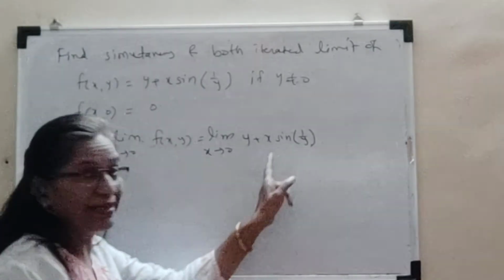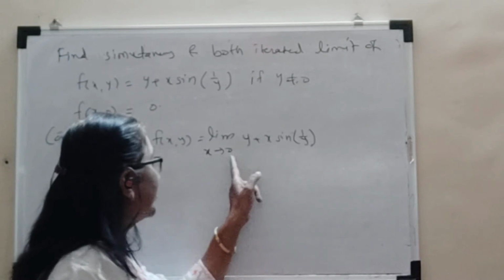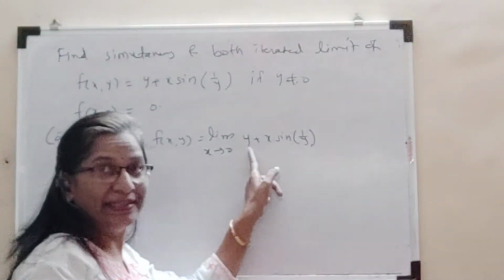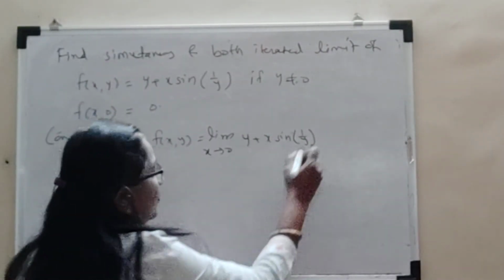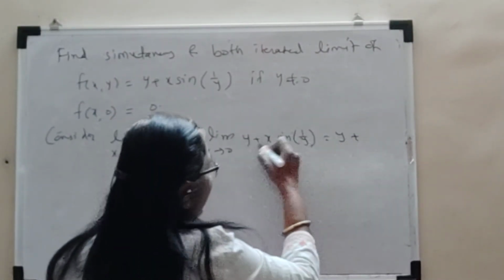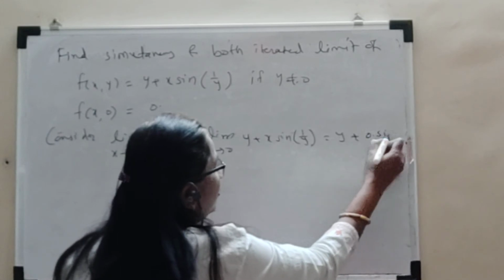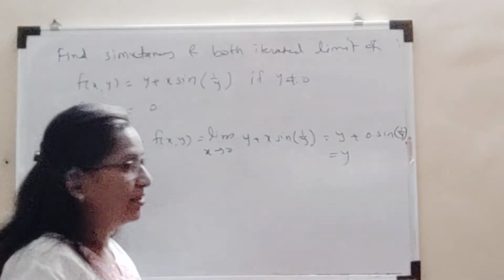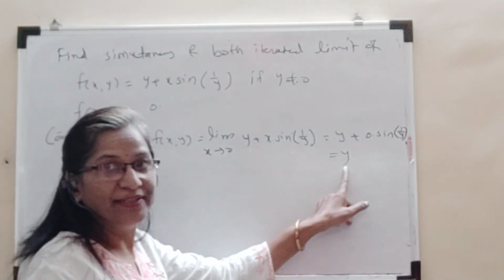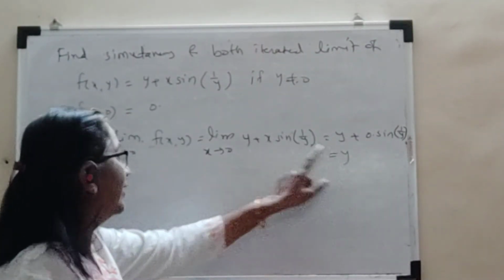Now x and y are independent. So when x tends to 0, as y is independent, we will keep it as it is. So it will be y plus x is 0, so 0 into sine of 1 by y. So that is equal to y. So I am getting this phi of y is equal to y. Take the limit of y.